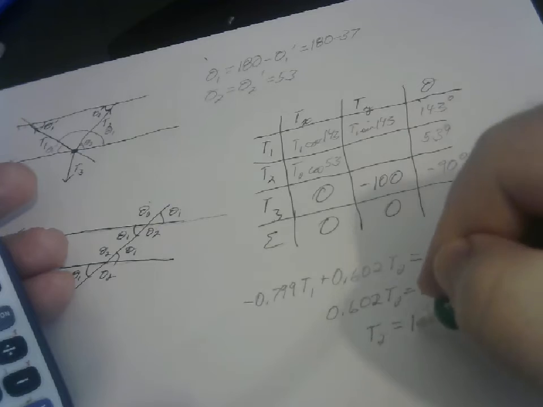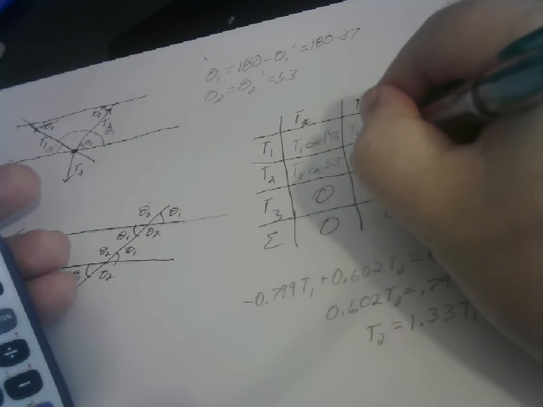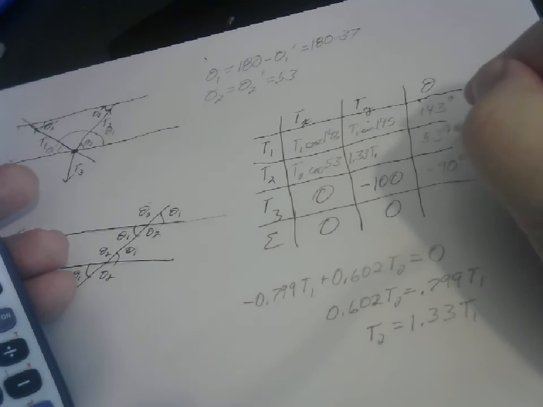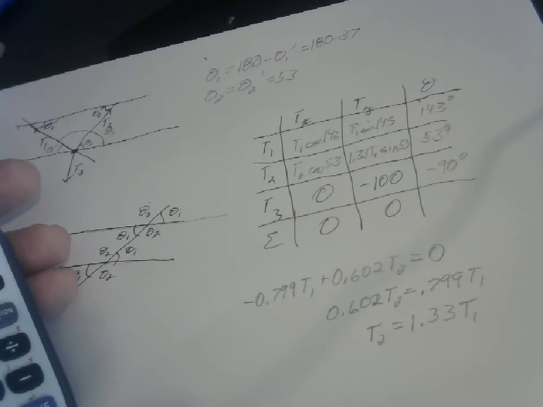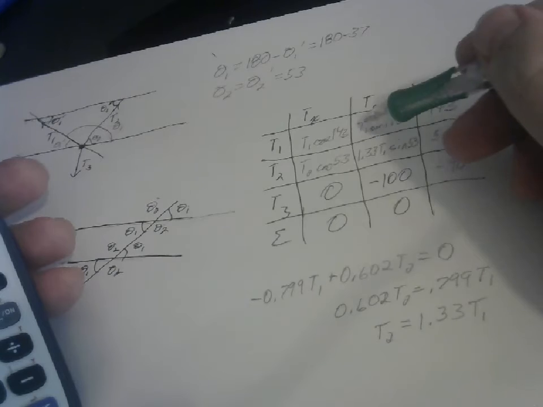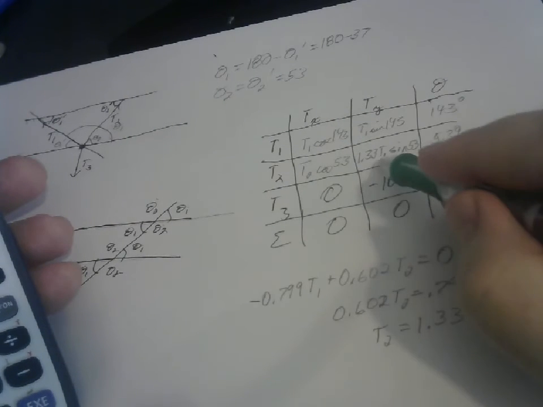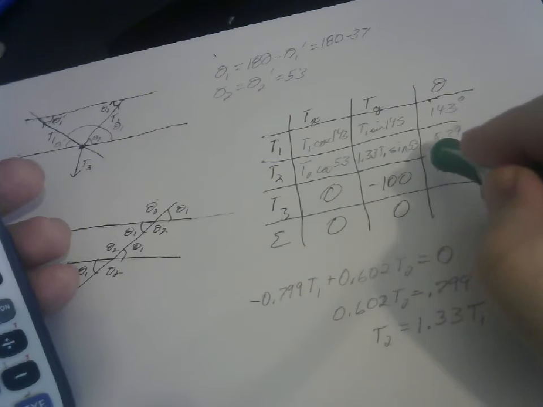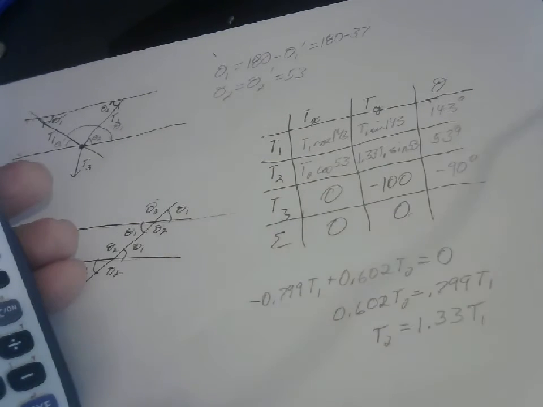But I could even replace that here with 1.33 T1 sine 53. And then I'm going to rewrite this equation: T1 sine 143 plus 1.33 T1 sine 53 minus 100 equals 0.